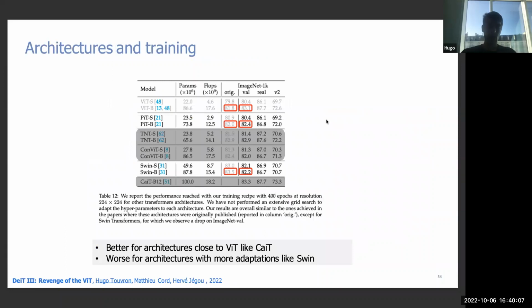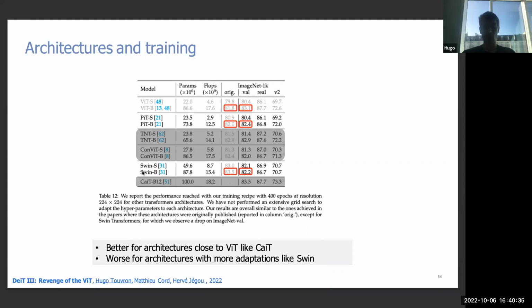And so now we have a new training procedure, and generally we think that training procedure is orthogonal to architecture design. In order to highlight that this is not the case, we reuse this new training procedure with different transformer architectures. With the PiT architecture, we have some improvement, but for instance with the Swin transformer, we have worse performance.